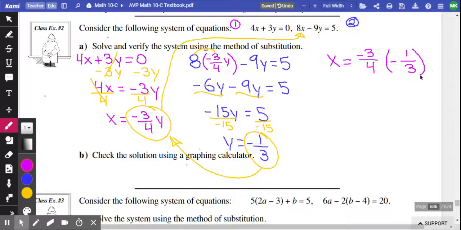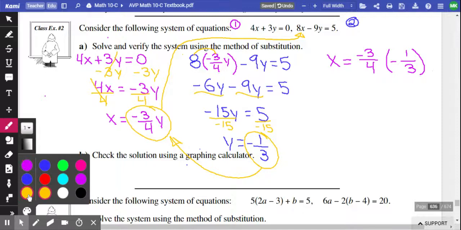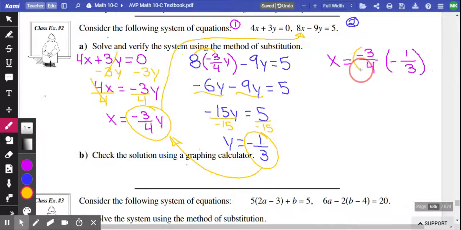To do that in your calculator, make sure you put brackets around your fractions. So I go bracket, negative 3 divided by 4, bracket. That tells my calculator this is a fraction. Then I go times, bracket, negative 1 divided by 3, close the bracket.